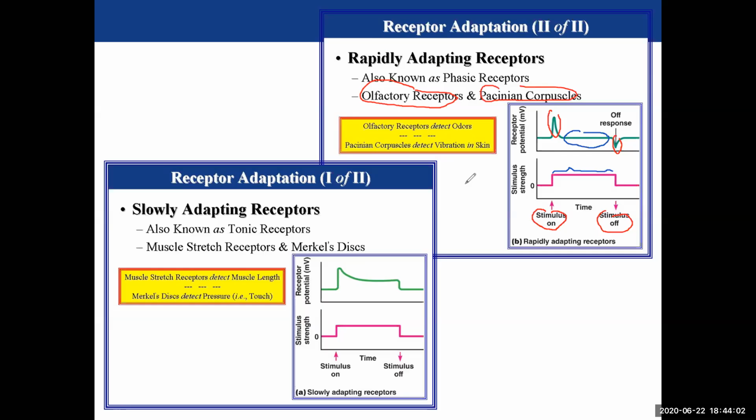So those are distinct receptor responses. Some remain active as long as the stimulus is present, and the other type respond only to changes, meaning the appearance of the stimulus at the beginning and the end of the stimulus when the stimulus is no longer present.